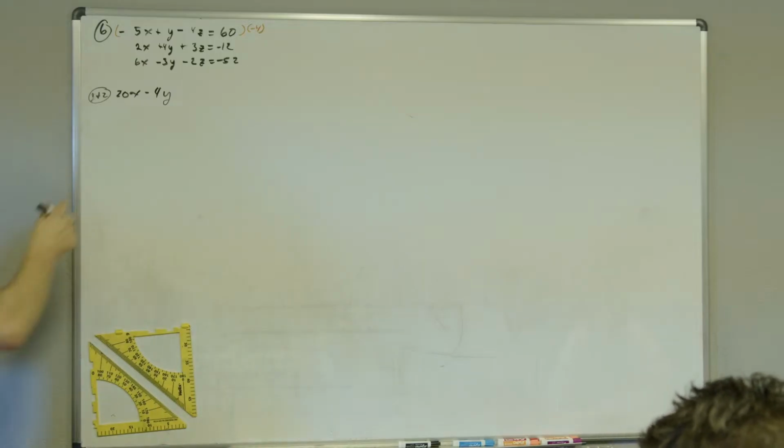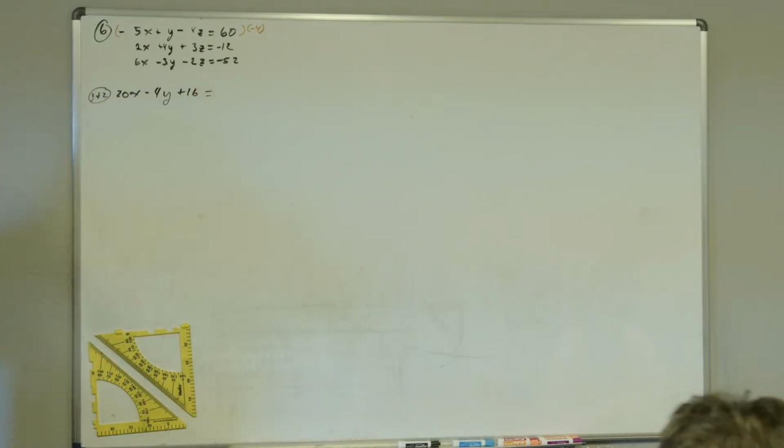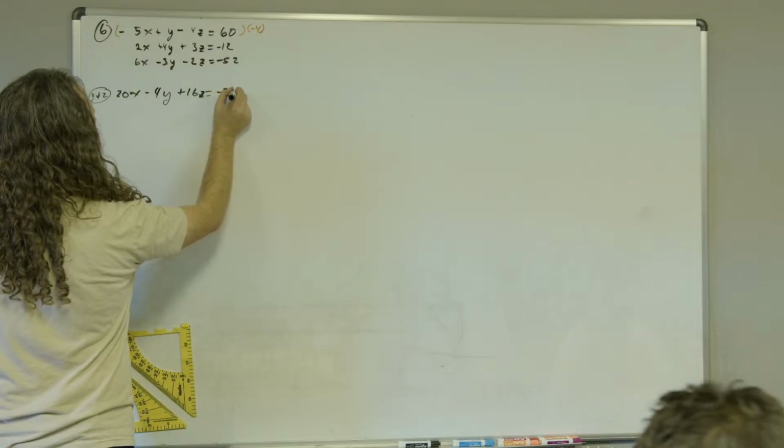Positive 16z. Watch those signs. They're sneaky. And then 60 times -4 is what? -240.